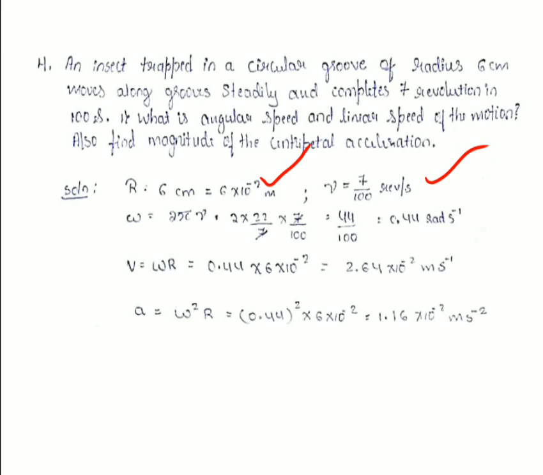The angular frequency omega can be determined using the formula omega = 2 pi nu. The pi value is 22 by 7, the nu value is 7 by 100. Substitute and simplify, and you will get 0.44 radian per second. Next, v = omega r, that is the formula for the linear speed. The omega value is 0.44, the r value is 6 into 10 raised to minus 2. If you substitute, how much will you get?